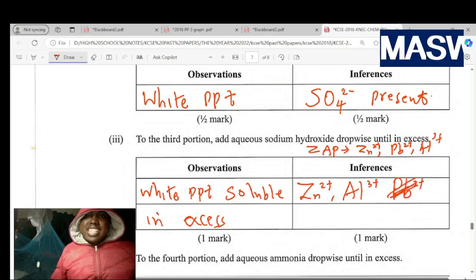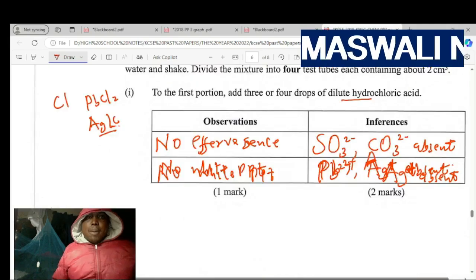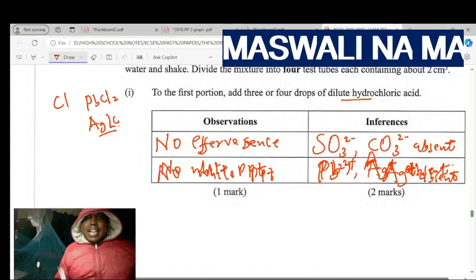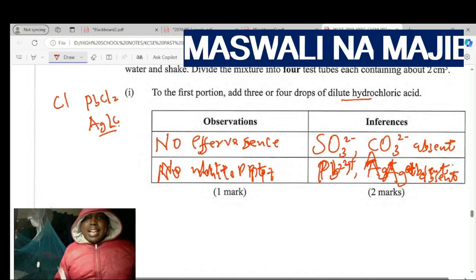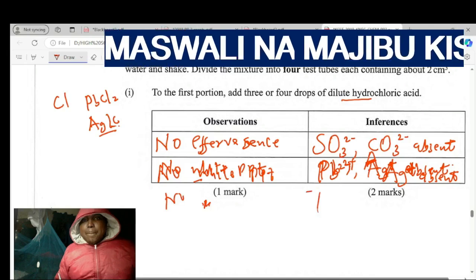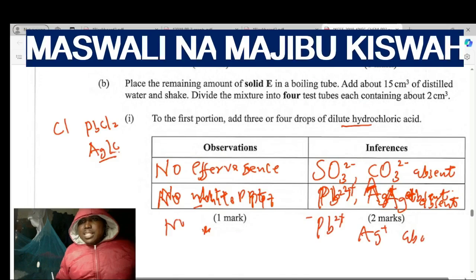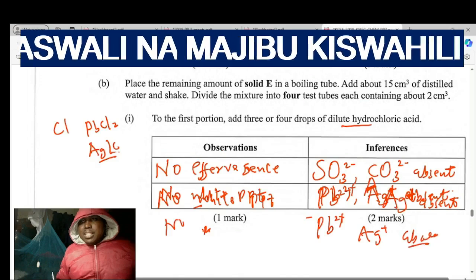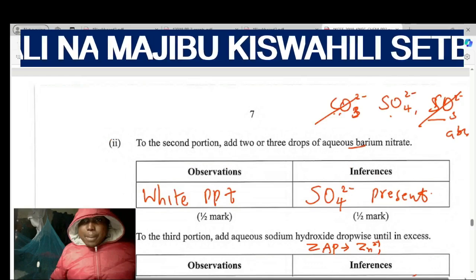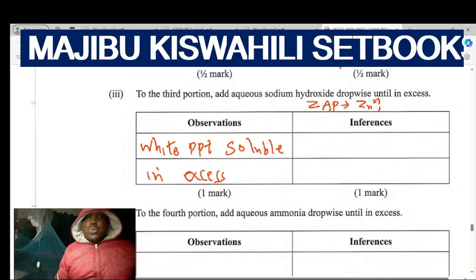But initially here we said no white PPT, and for this no white PPT means that lead, silver is absent. So if we said here it is absent, how come when you return here you say it is present? Therefore you will go wrong, and that is why you will fail here.